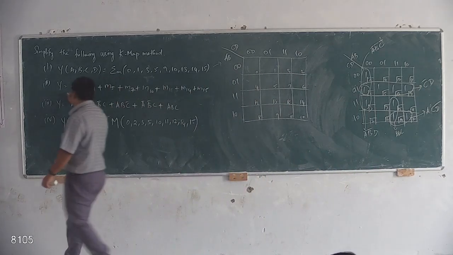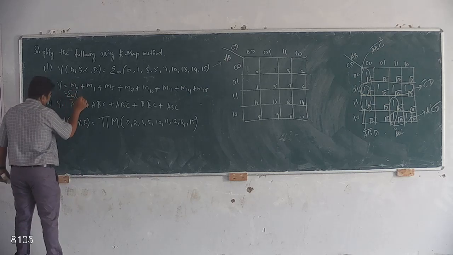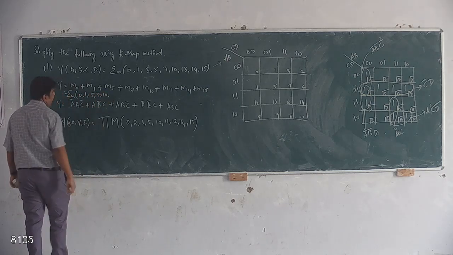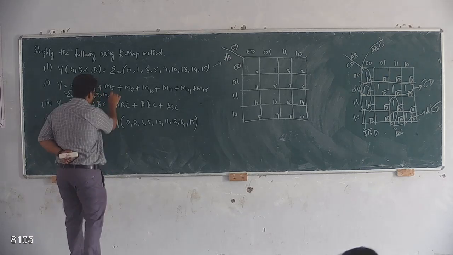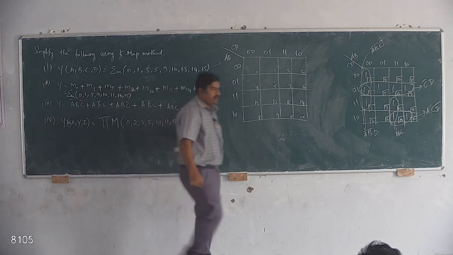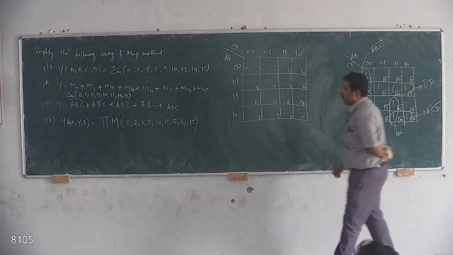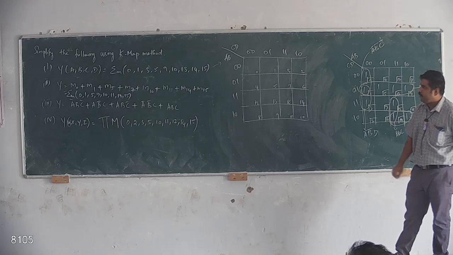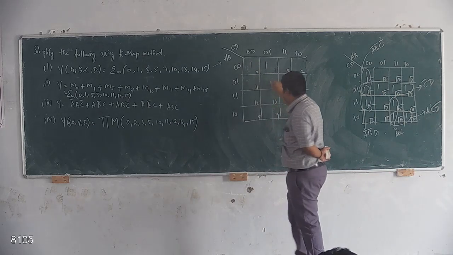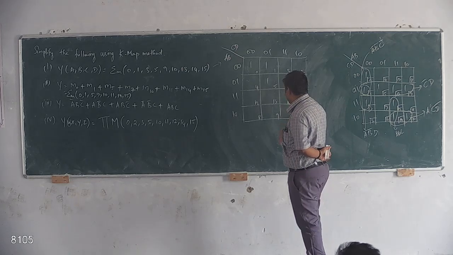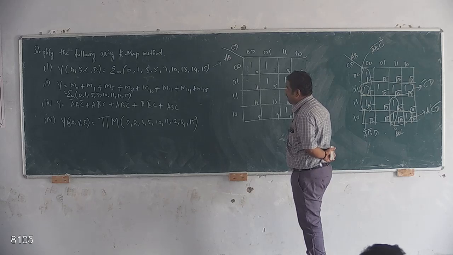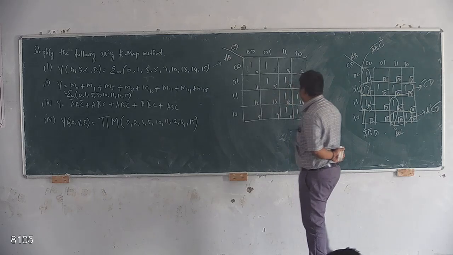Already you know the conversion. Summation m 0, 1, 5, 7, 10, 11, 14, 15. Now I know the values, so you directly write all the values: 0, 1, 5, 7, 10, 11, 14, 15.